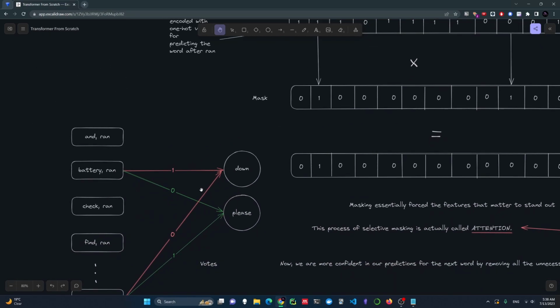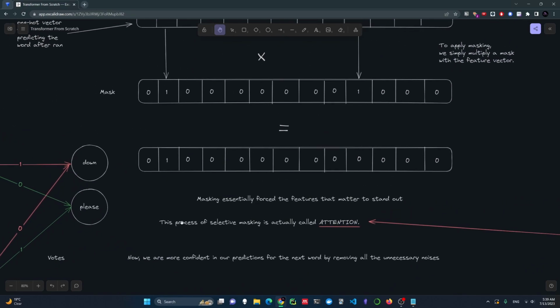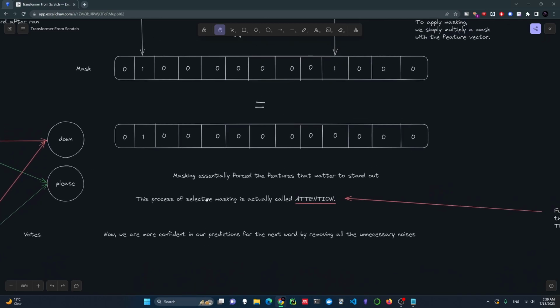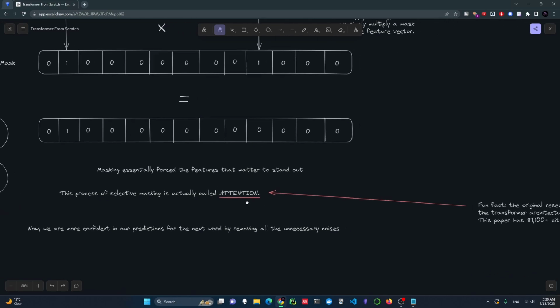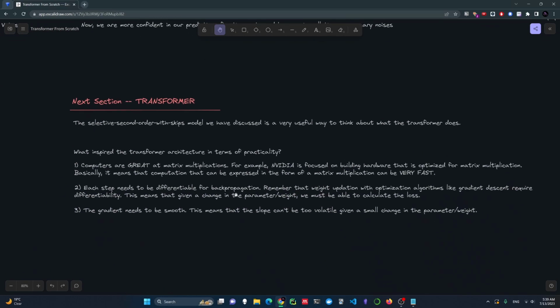We only care about these two word pair features. And this process of selective masking is called attention, which will prove to be very important to the transformer architecture.